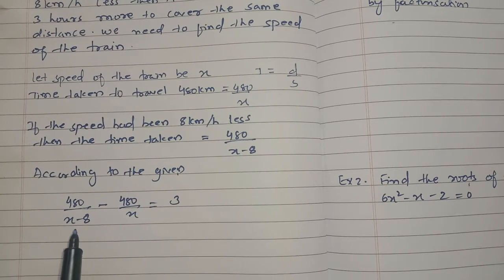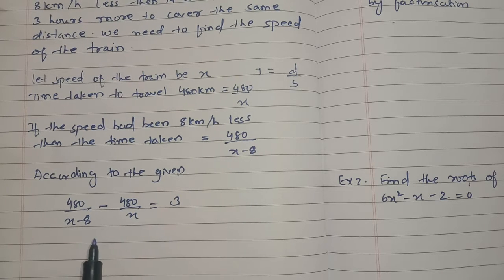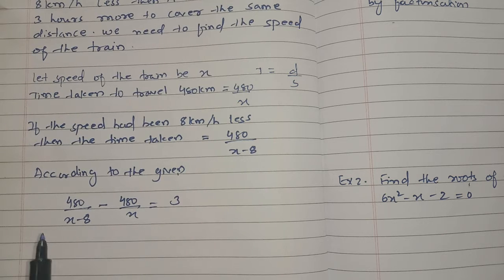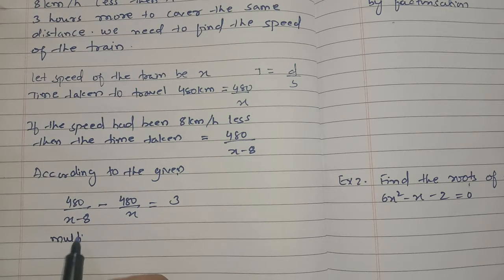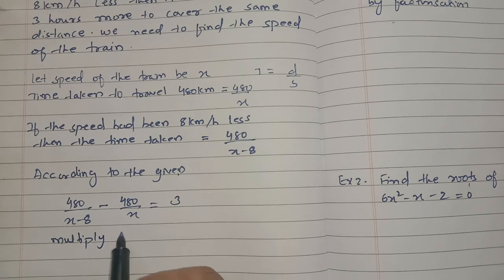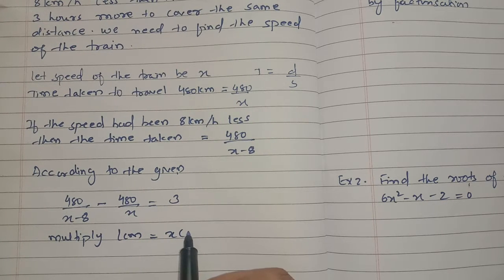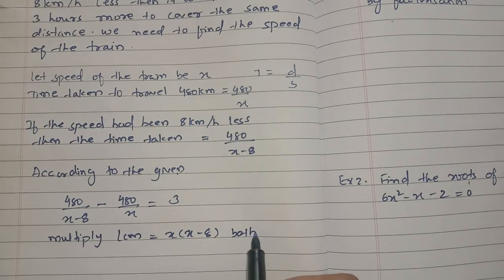Now either we can take LCM and solve, or we can multiply the LCM on both sides. I am multiplying LCM on LHS as well as RHS. Multiply LCM x into x minus 8 on both sides.